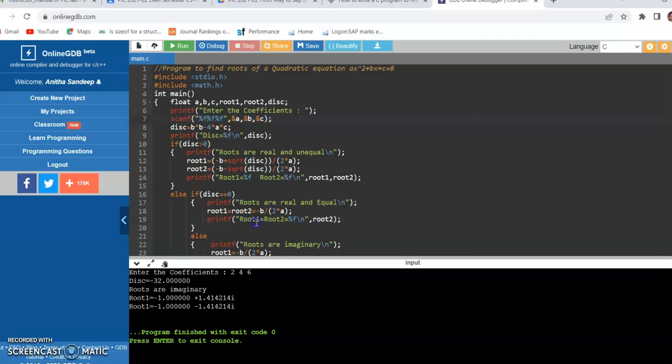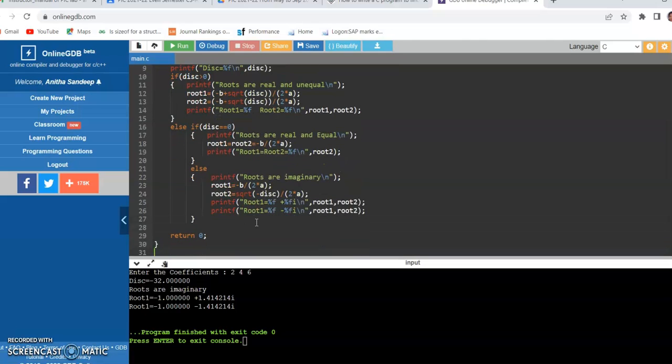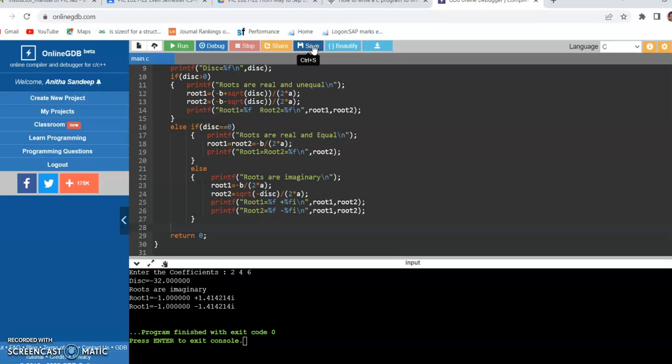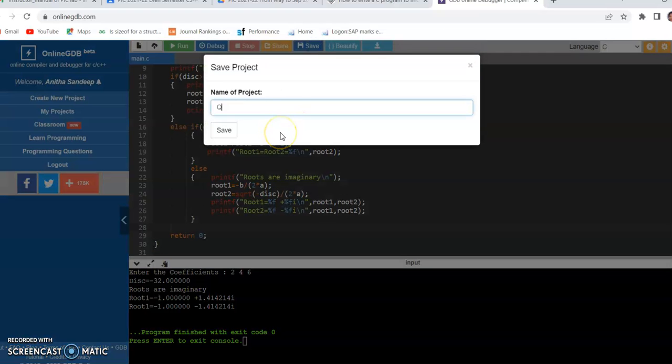Okay, this is a message you have to change here. So this is proper. Now if you want to save it as quadratic equation solution.